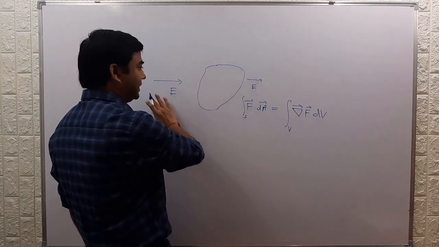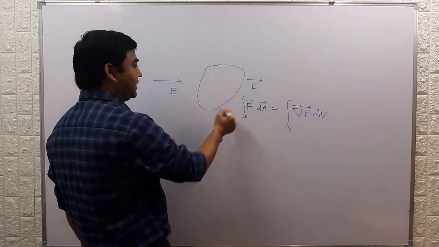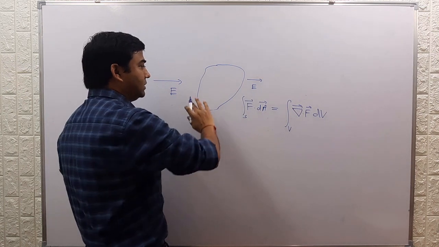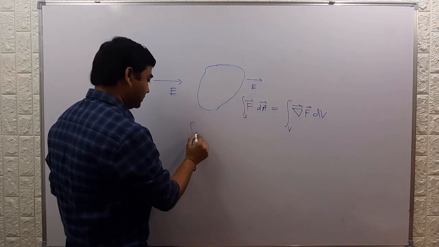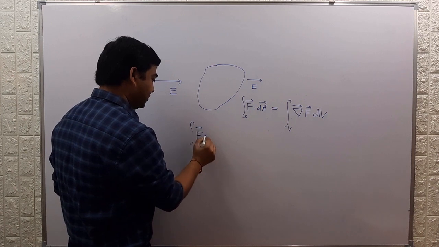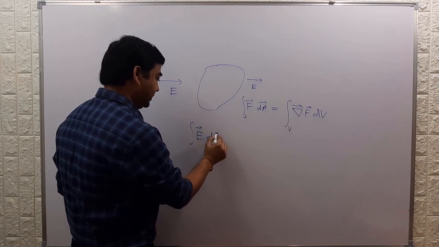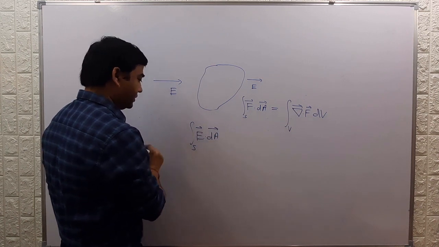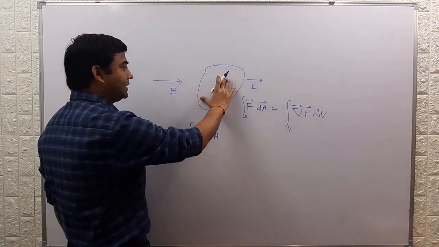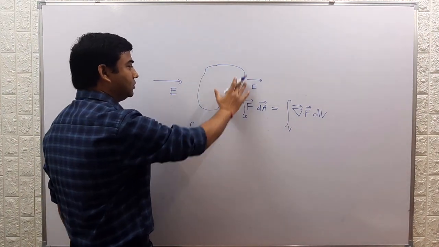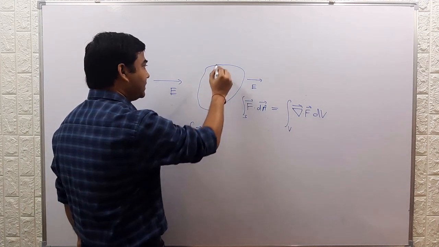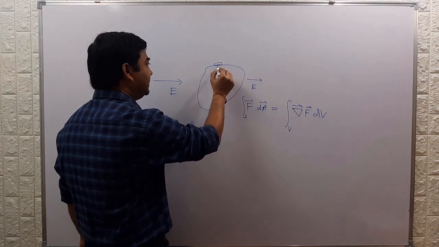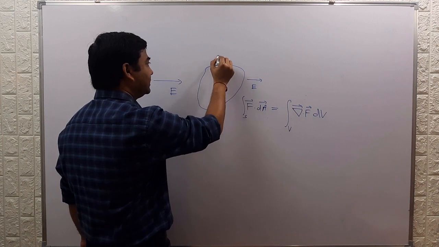Now we will see how it can be applied for electric field. Let this be the electric field and this an imaginary Gaussian surface. It can be written for electric field as E dot dA, that is the electric flux through this Gaussian surface. This is a closed Gaussian surface, so there will be many areas dA.